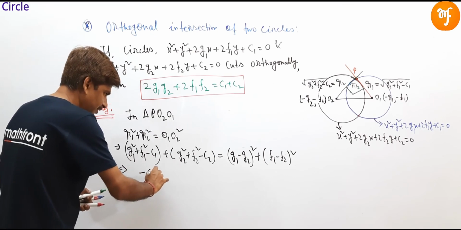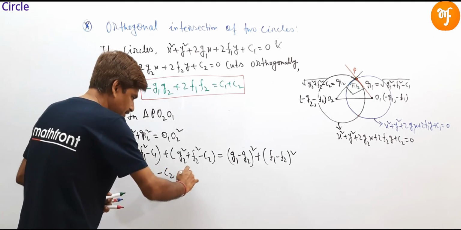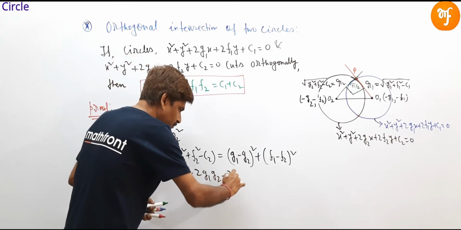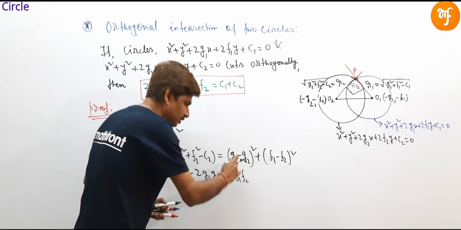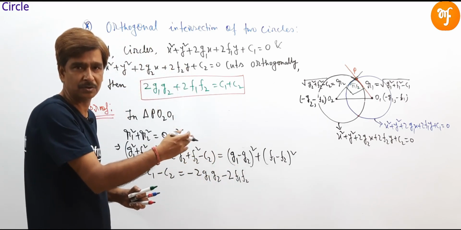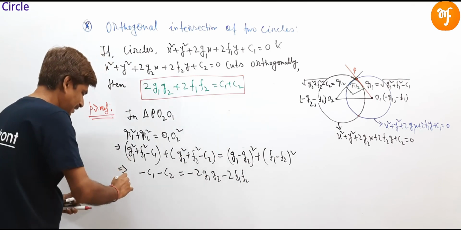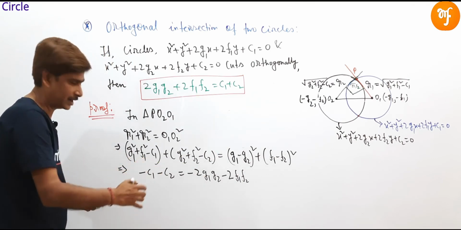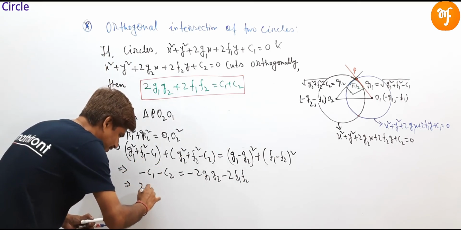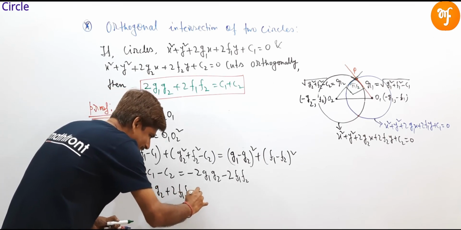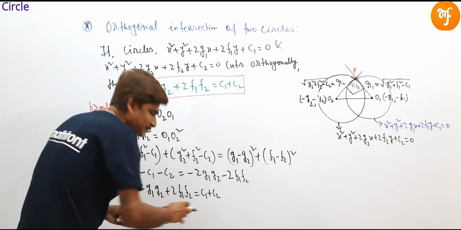Minus c1 minus c2 is equal to minus 2g1g2 minus 2f1f2, because g1 square, g2 square, f1 square, f2 square will be cancelled from both sides. So eliminating the negative sign from both sides, we get 2g1g2 plus 2f1f2 is equal to c1 plus c2.